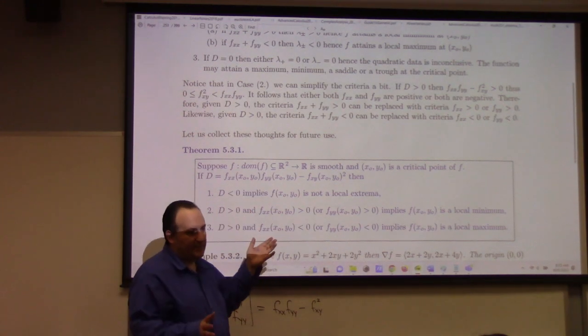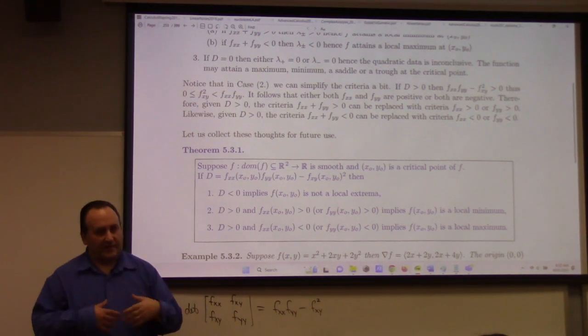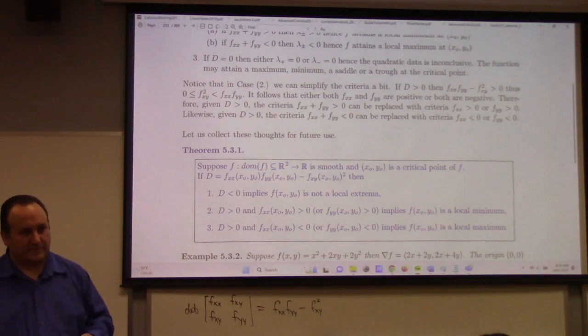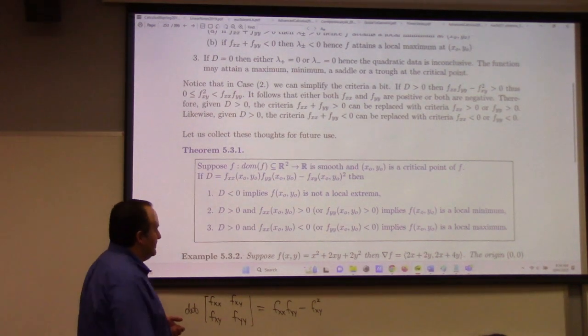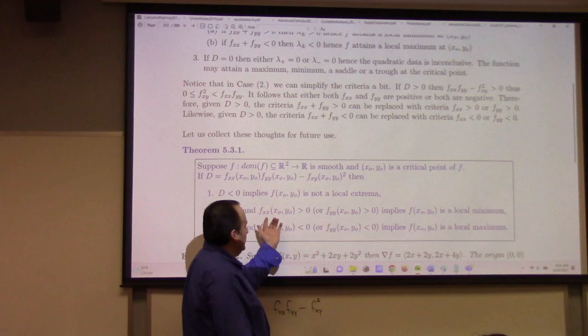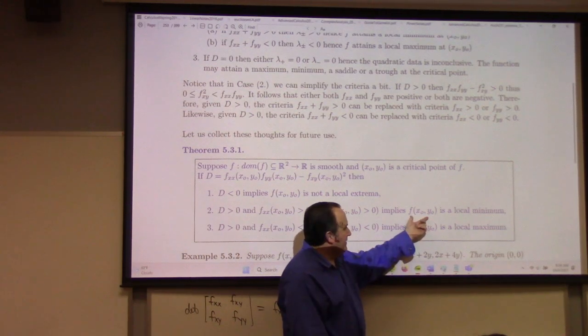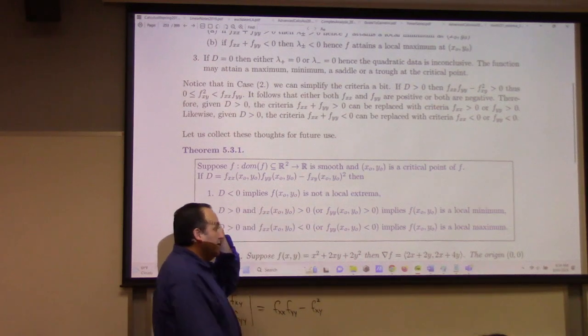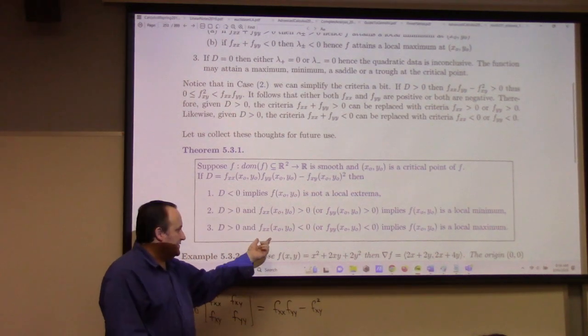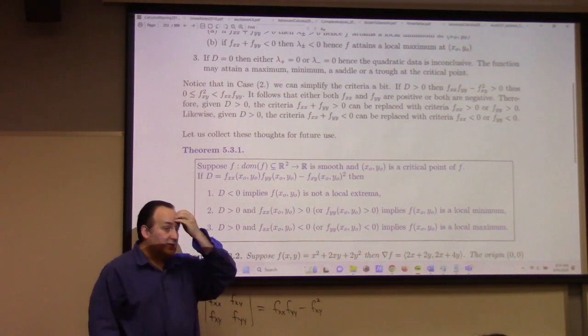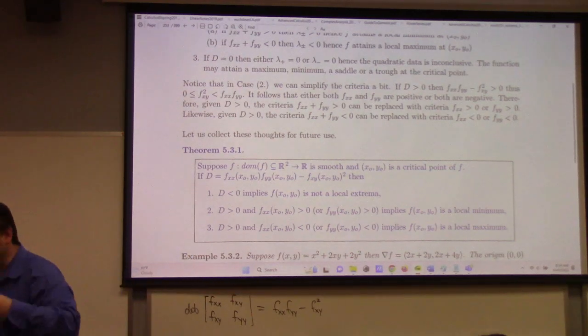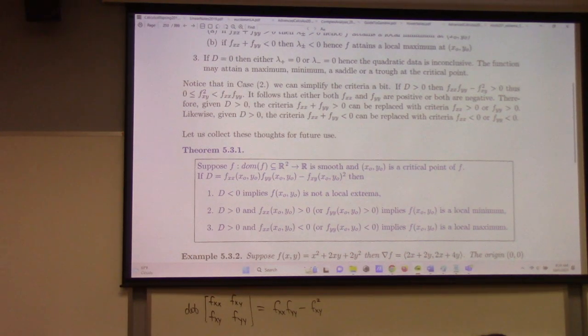Typically calculus books tell you to test fxx because that's just the tradition. Then if they're both positive, and again it suffices to check one, the value is a local minimum. On the other hand, if fxx is negative, then the point is a local maximum. And this is the second derivative test.